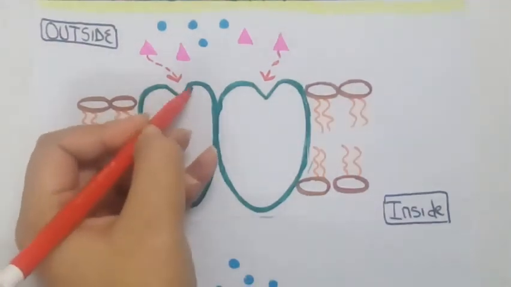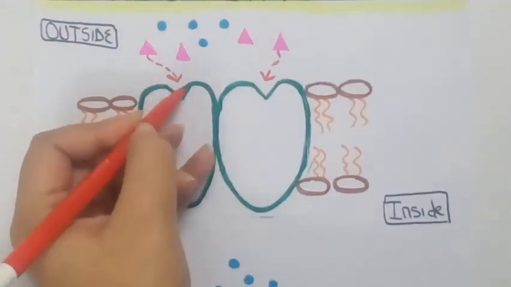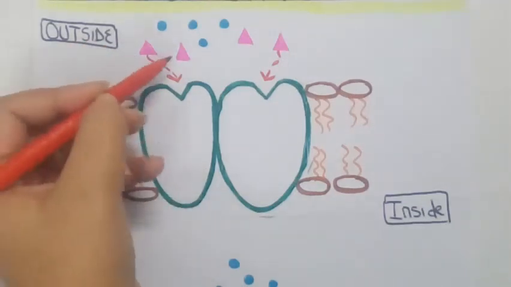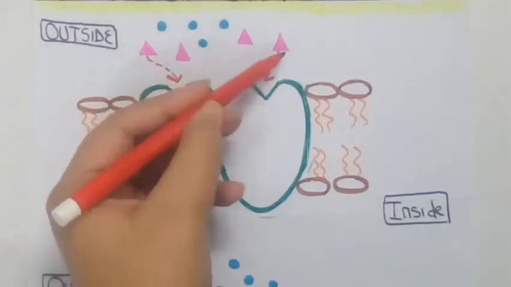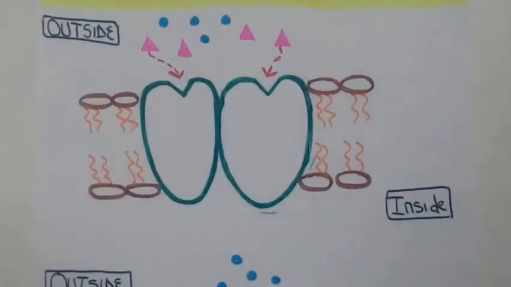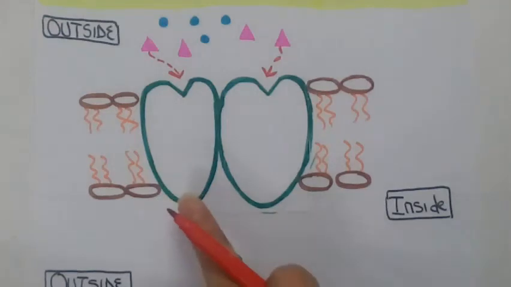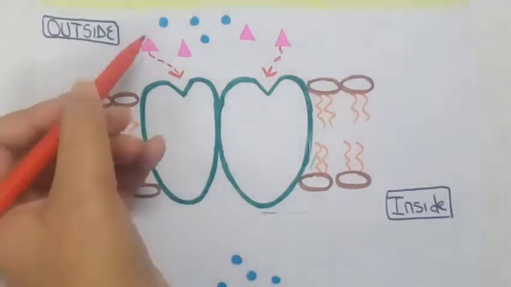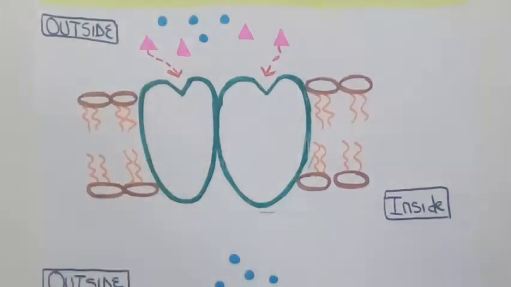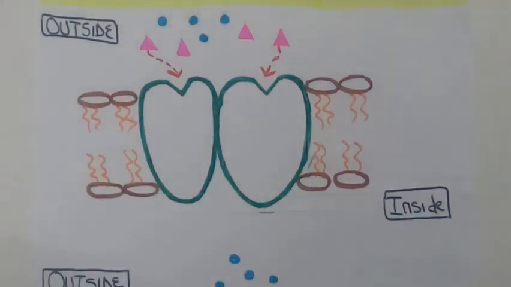This part is that receptor site to which the ligands bind. These pink triangle shaped ones are those ligands or chemical substances that bind to the receptor site of the protein channel, and the blue ones are those ions that will be passing through these channels across the cell membrane.